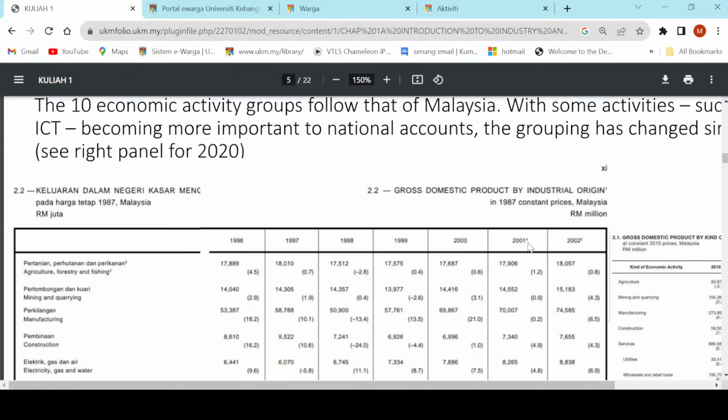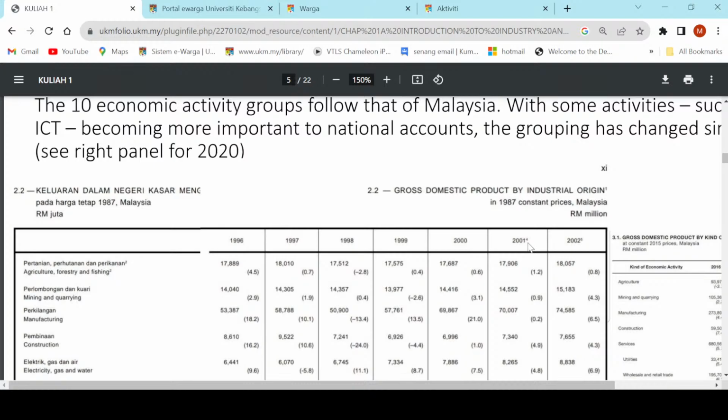And you notice this for your information also. In constant price, we have current price and constant prices. In 1987 constant price, it means that during that time, they were using the price of 1987, using a GDP deflator. Why?